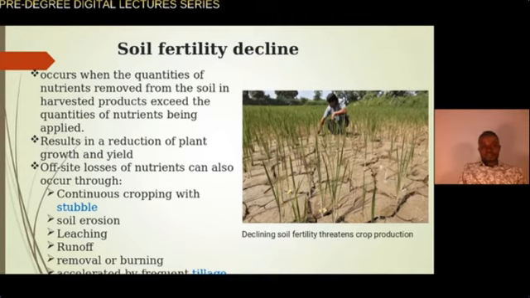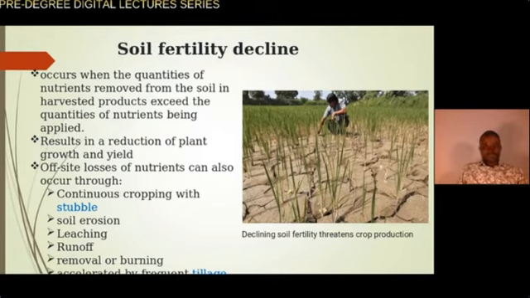Of course, whenever soil fertility is reduced, it reverses the performance of the plant drastically, as seen in the picture on the right hand. The field was subjected to some kind of decline in fertility, and the plant started wilting.